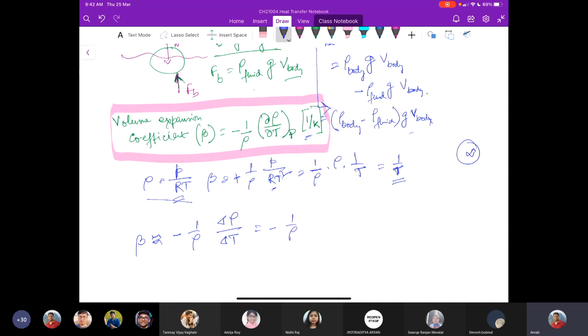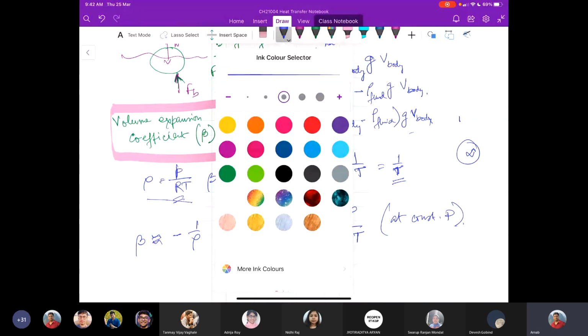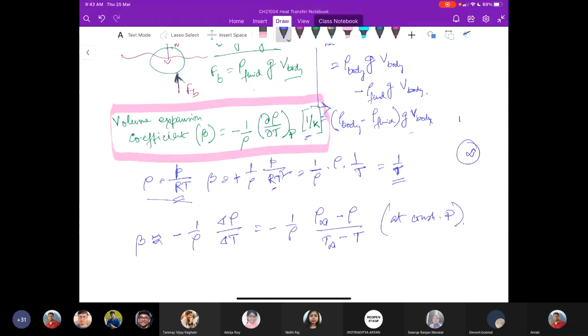So this is what we are trying to write, at constant P, where this rho infinity is the density of the fluid at T infinity.